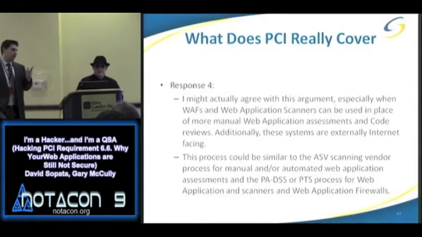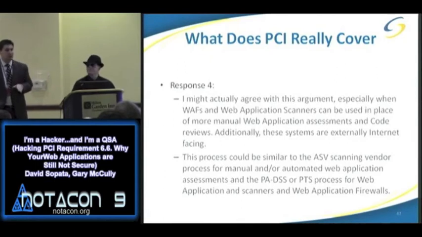But also to Gary's point and your point as well, I've done some assessments where an ASV scanning vendor, not us, was in transition, and you have to do your ASV scans every quarter. What ended up happening to one of the companies is they dropped one of their ASV scans because the ASV scanning vendor was in the process of getting their scans to go.